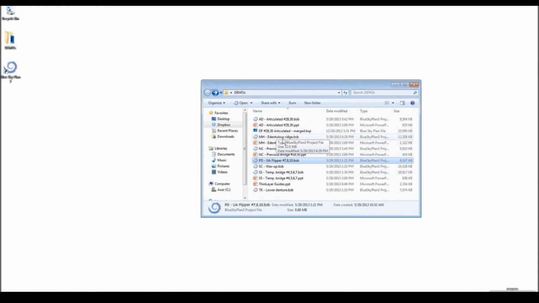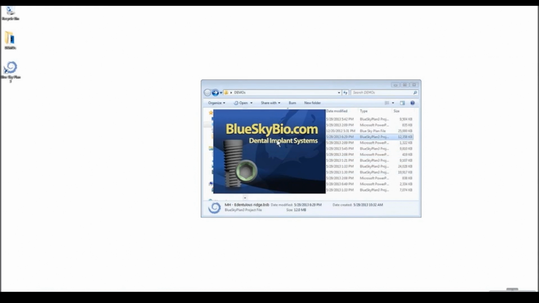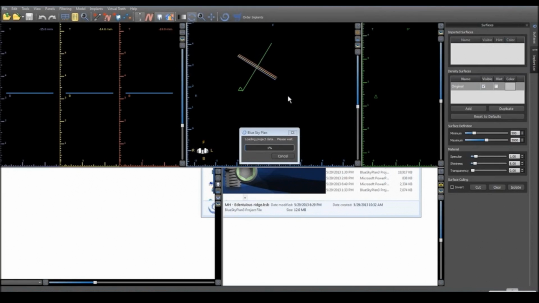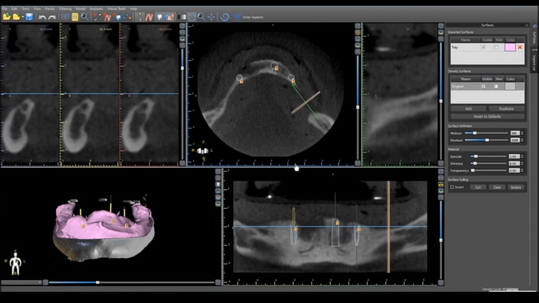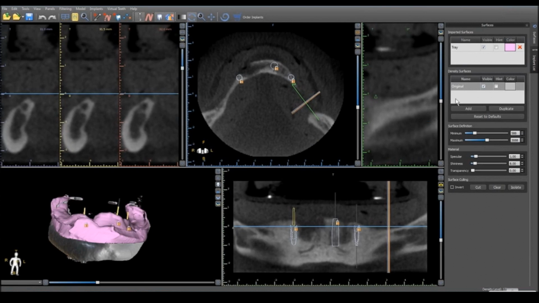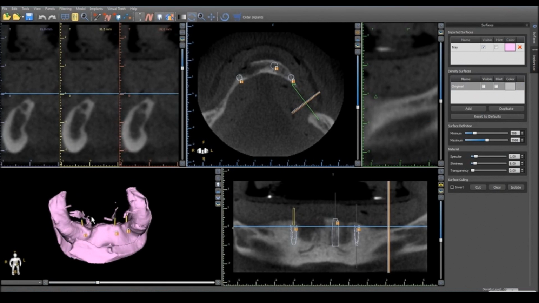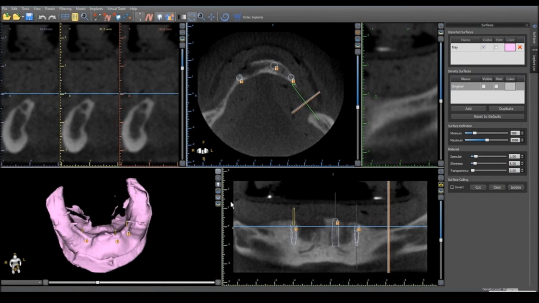I'd like to move on now to an edentulous case. This patient had a horrendous ridge, had an ill-fitting denture.